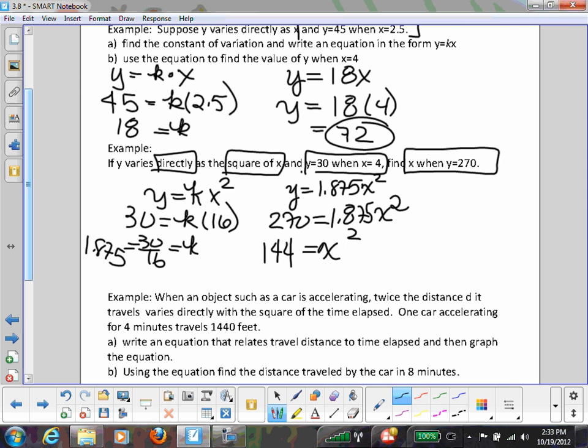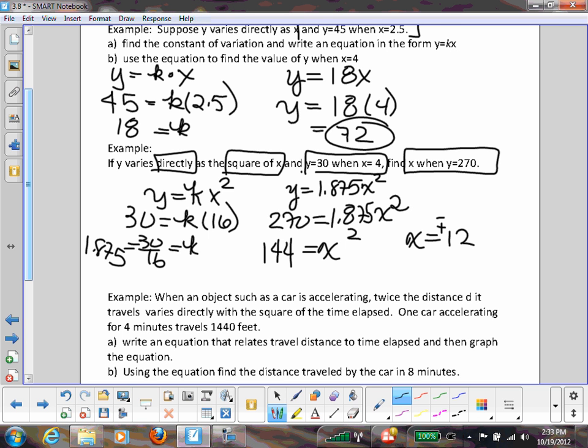This is an equation. What is x? Plus and minus 12. In an equation, you have a positive and a negative when you take the square root. Again, another place where you will make a mistake, because you'll want to automatically give me positive 12, but it's both a positive and a negative.